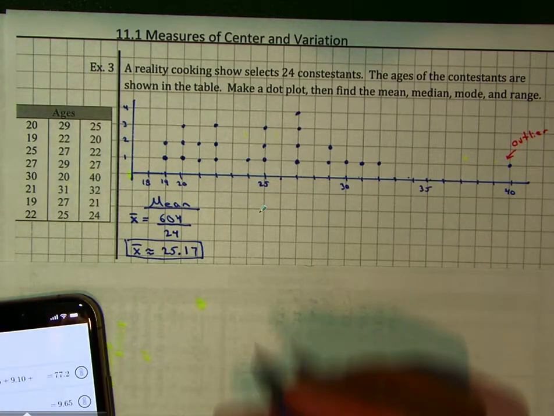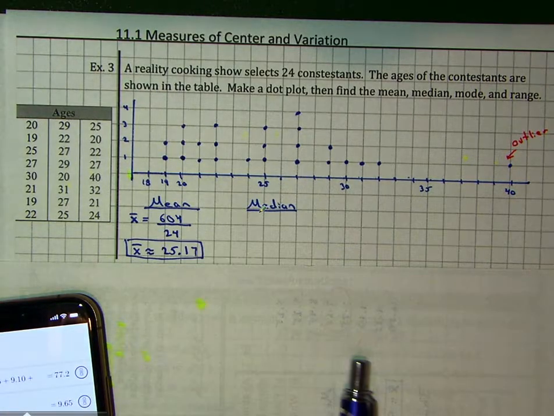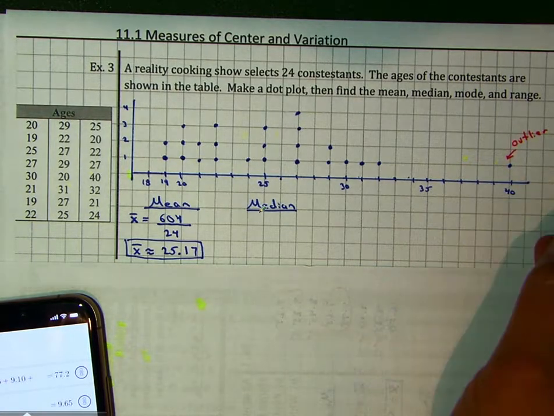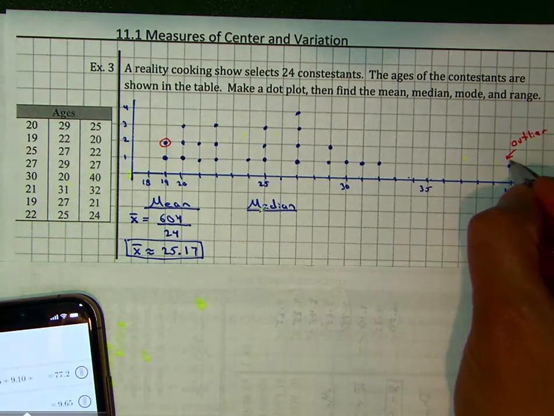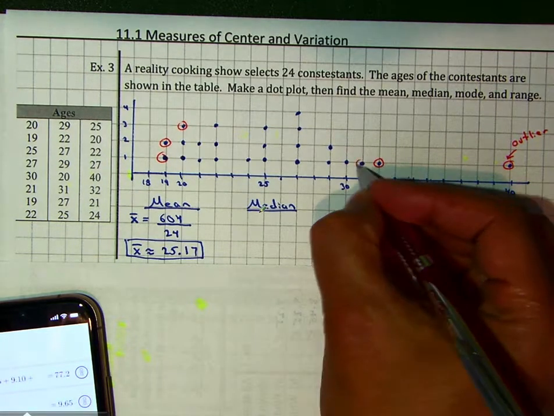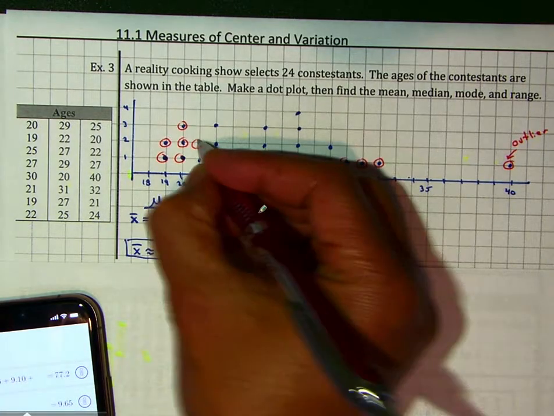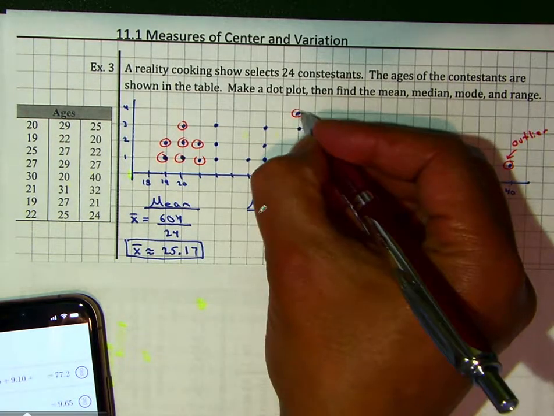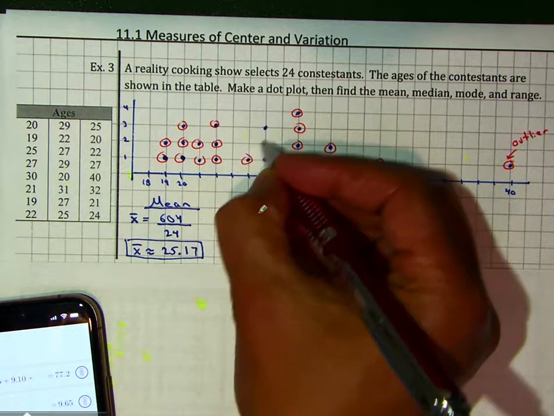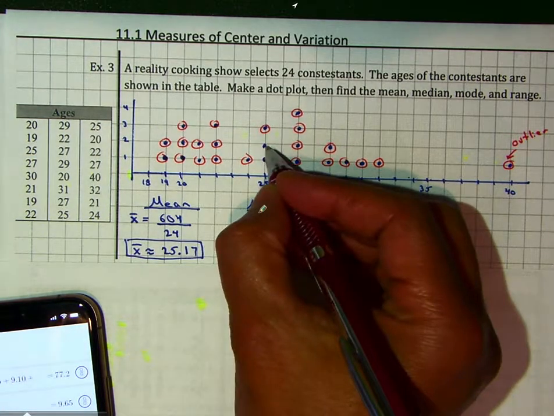Next, I need to be able to find the median. Now, the median is the number in the middle. We can reorganize them, but once you have a dot plot, we can actually just find the middle one by taking 1 from each side. 1 and 1, 1 and 1, until we reach the middle.